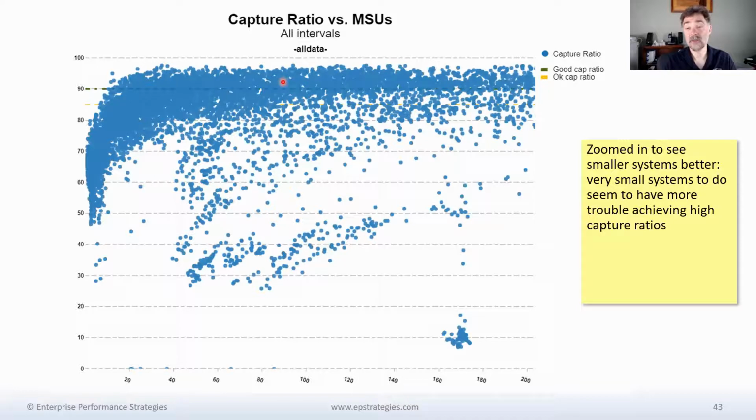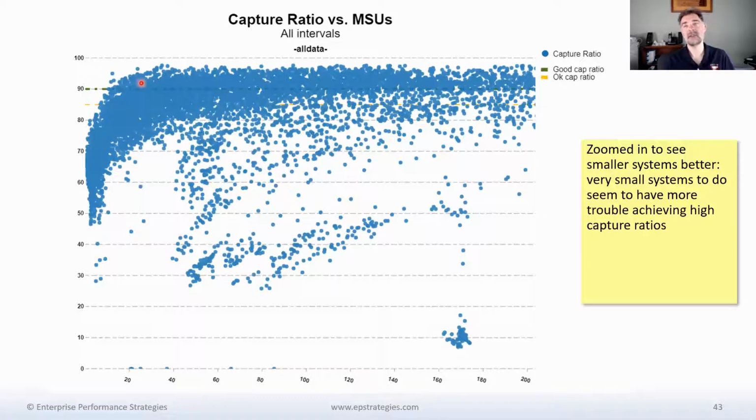So the point of this chart was I just zoomed in now to less than 200 MSUs. And the point we can see here is that once you get down to an LPAR that's below something like 20 MSUs, it gets really hard to stay above 90%, right?